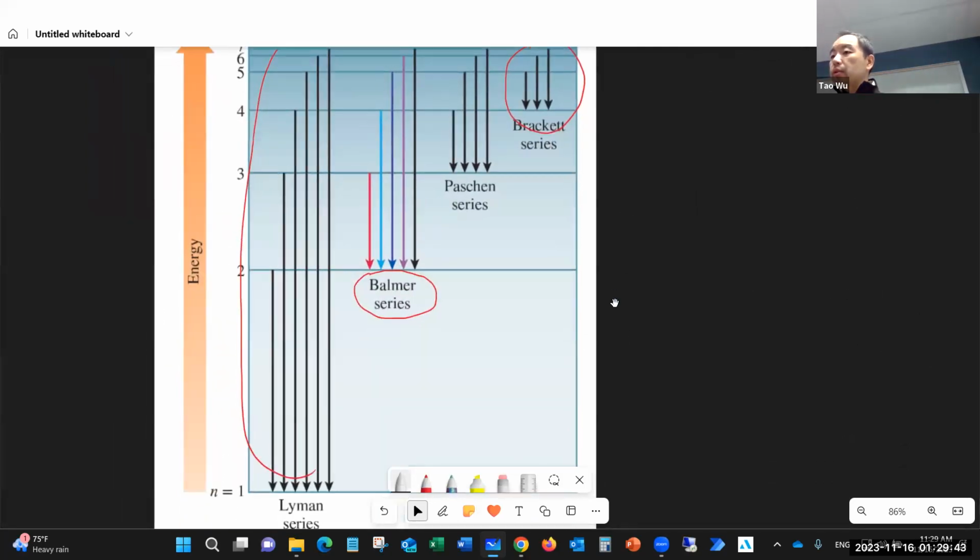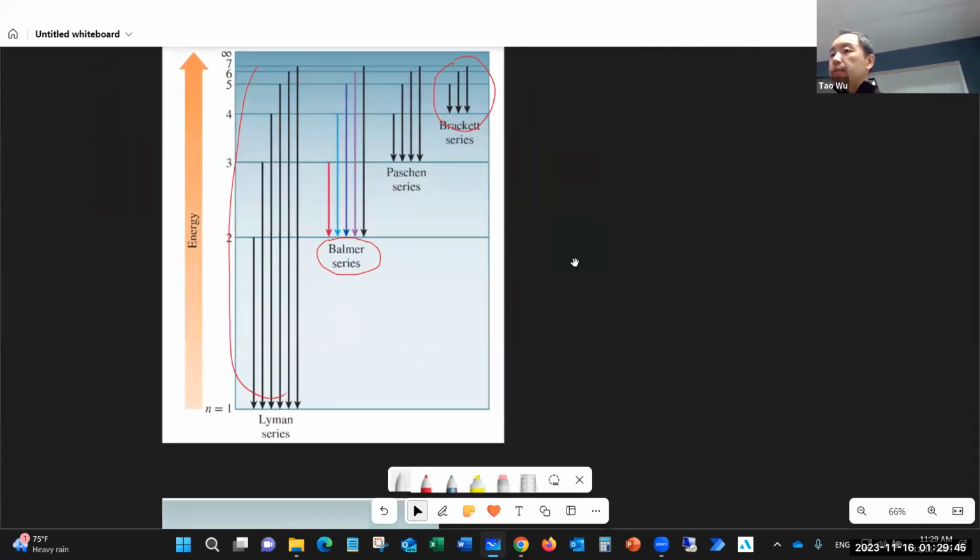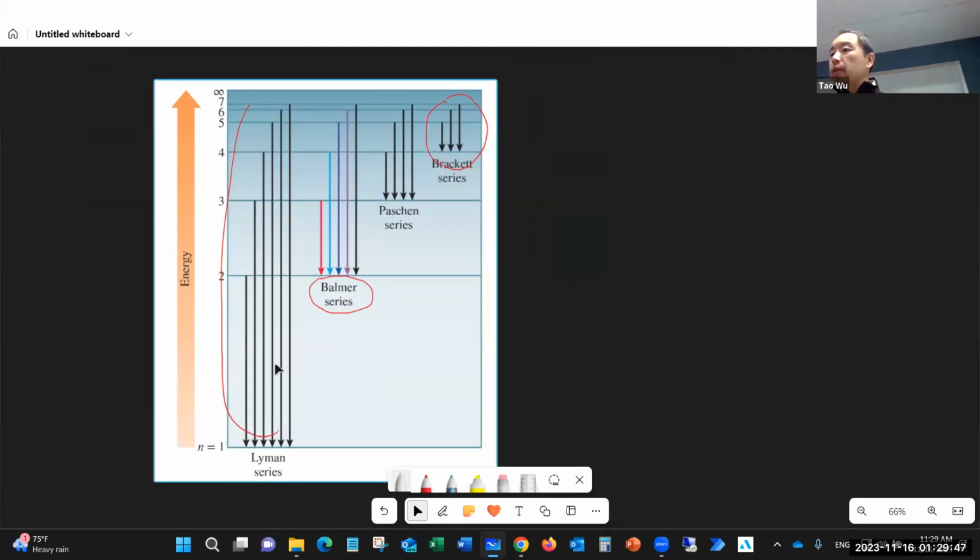Okay, so this is another hydrogen spectrum. You see, there's a series from 3 to 2, 4 to 2, 5 to 2, 6 to 2, and only those 4 lines can be caught by our eyes. For the rest of the released energy, we cannot see.